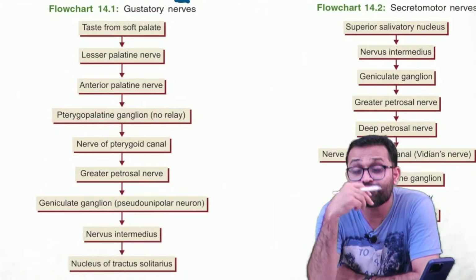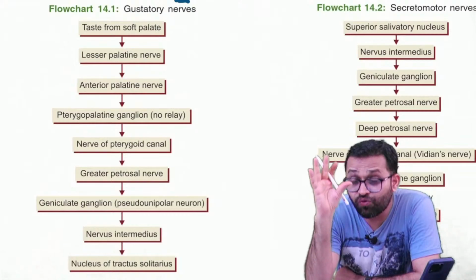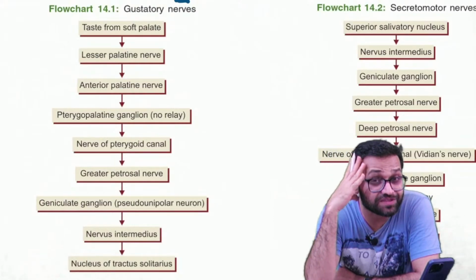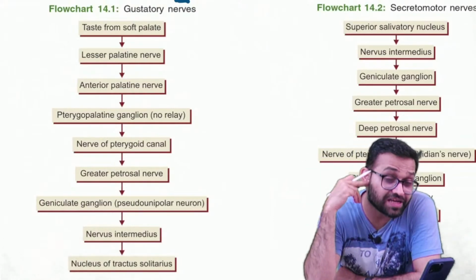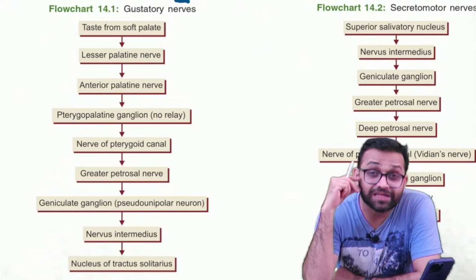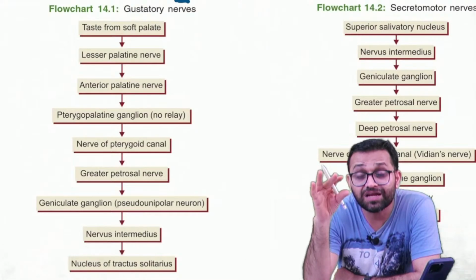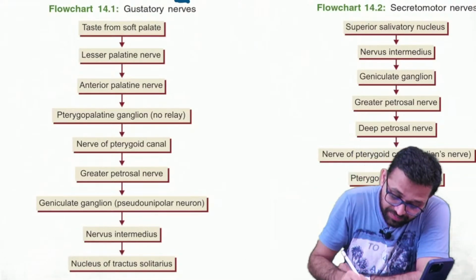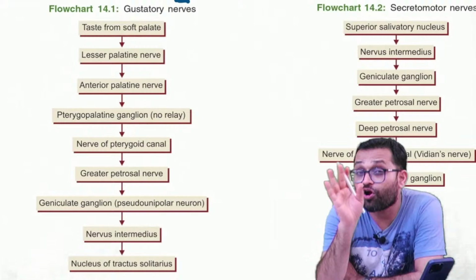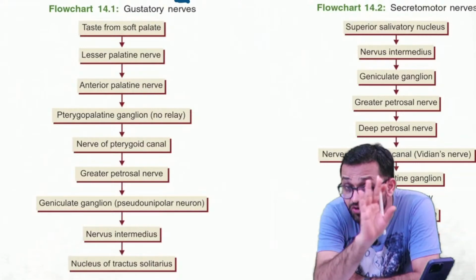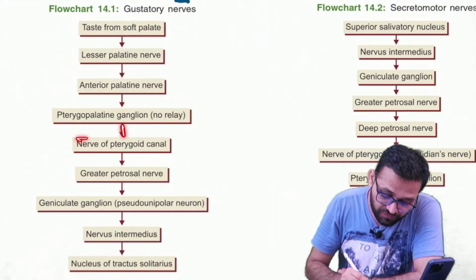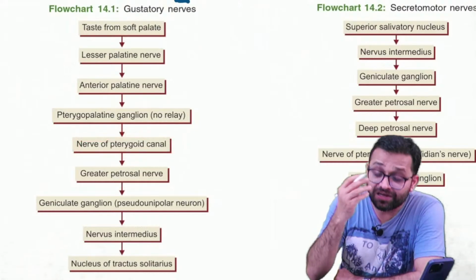Do you remember our ganglion topic? There are four parasympathetic ganglia in our head, neck, and face. Already we had seen the otic ganglion, the submandibular ganglion, the pterygopalatine ganglion, and the ciliary ganglion. So it is coming to our pterygopalatine ganglion, but it is not relaying. It is not stopping here. Further it participates in the nerve of the pterygoid canal.